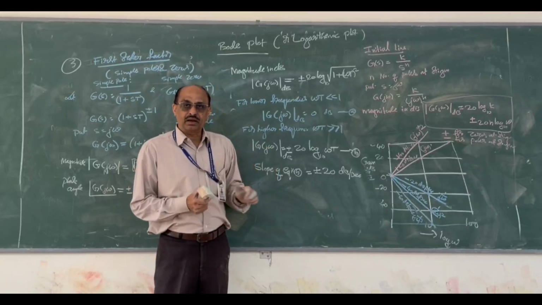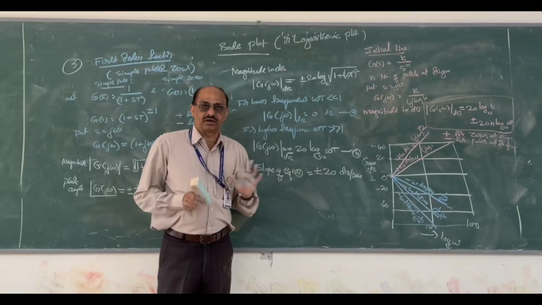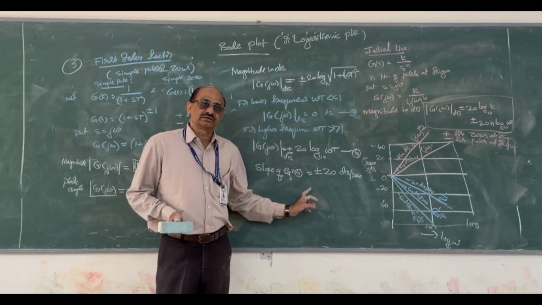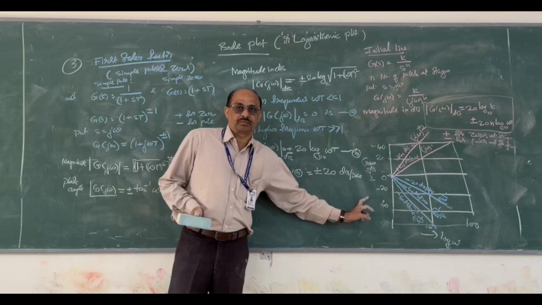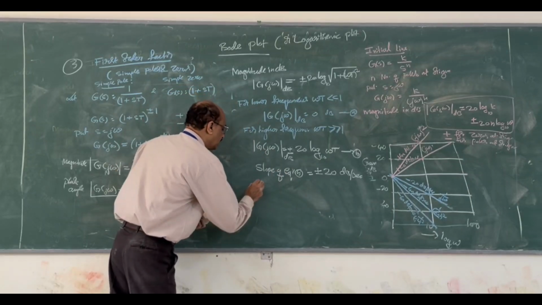So for a simple zero, it has a slope of plus 20 dB per decade. For a simple pole, it has a slope of minus 20 dB per decade. It's very important.